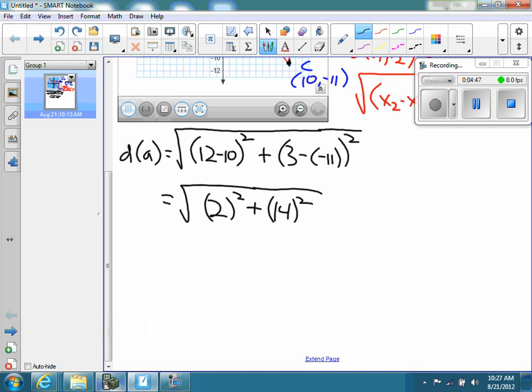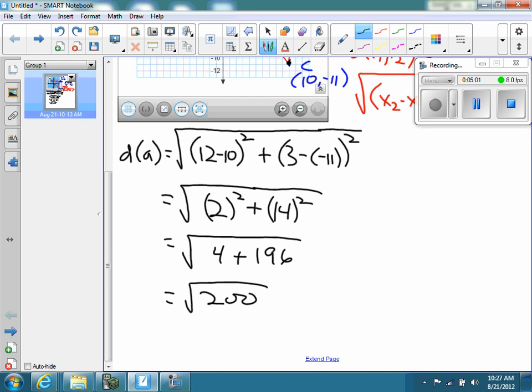So that is equal to the square root of 4 plus 196, which is the square root of 200. I know 200 has a perfect square in there someplace, a perfect square of 100. So that's the square root of 2 times 100.